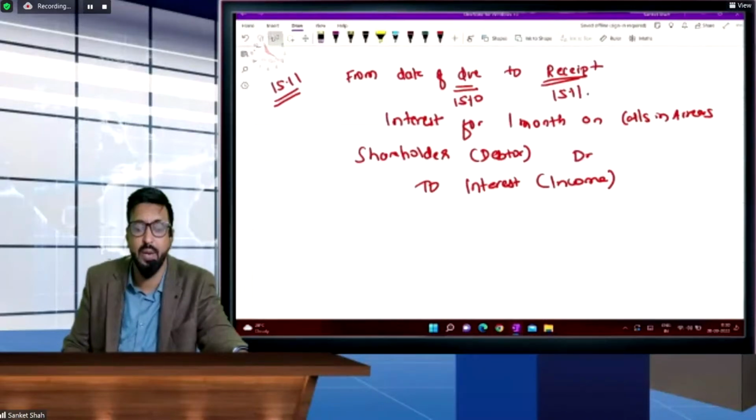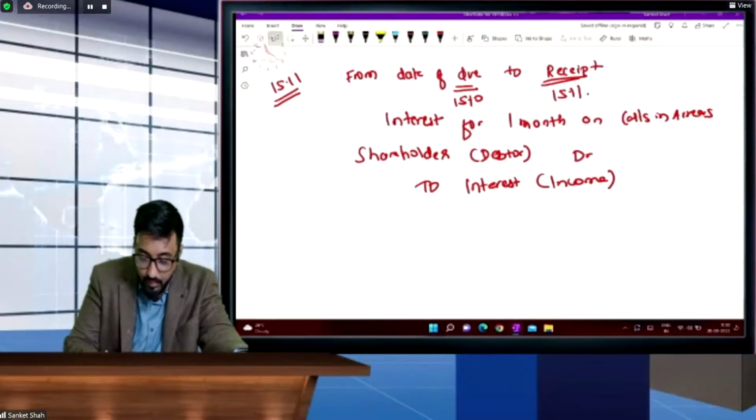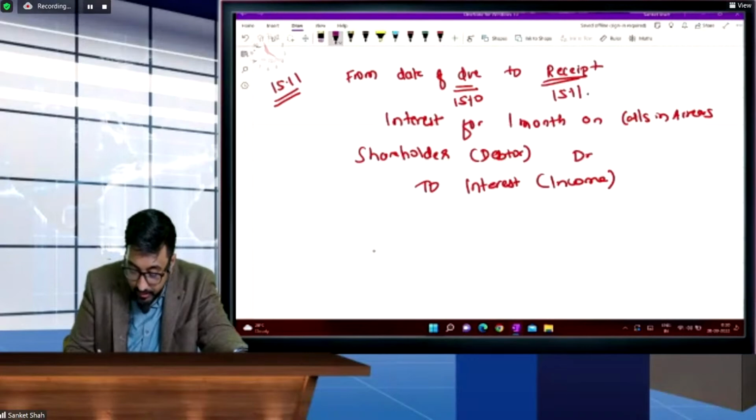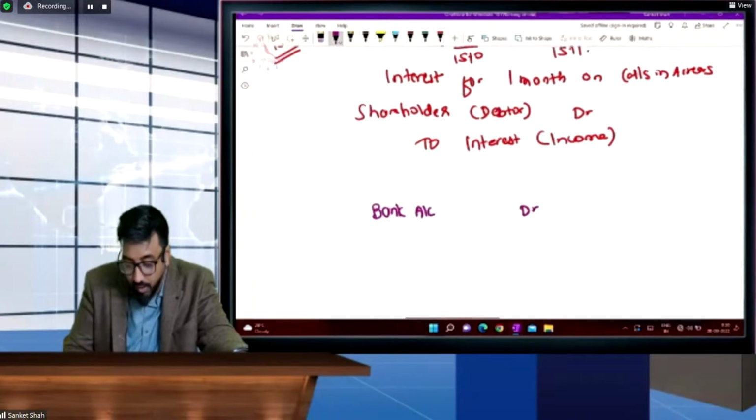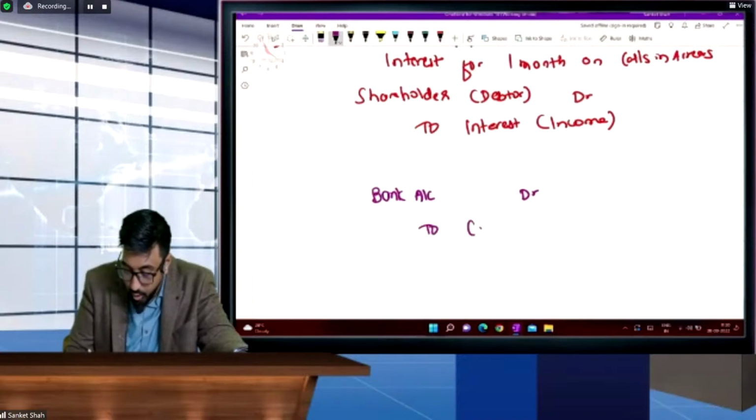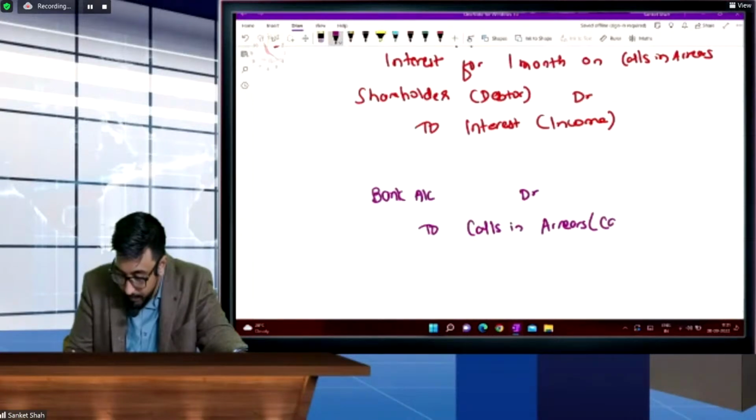Shareholder account debit to interest account. And when we received interest, bank account debit full amount, to calls in arrears, you are going to cancel.